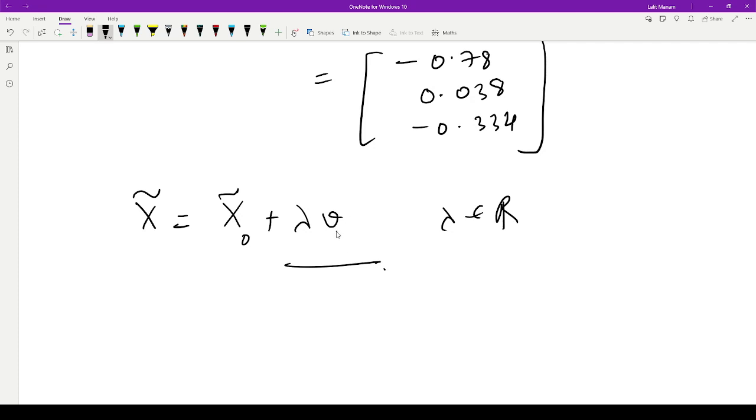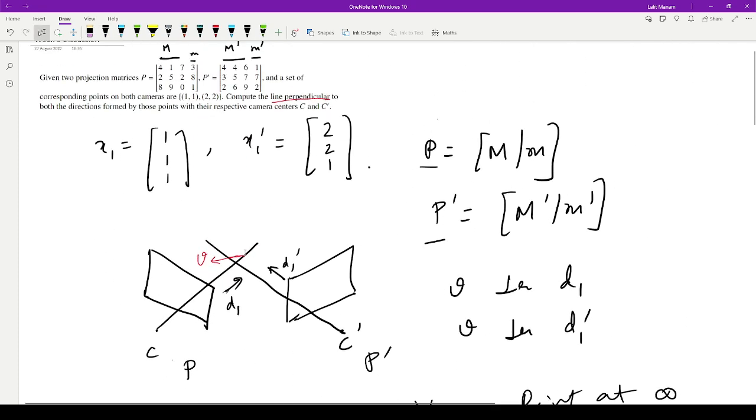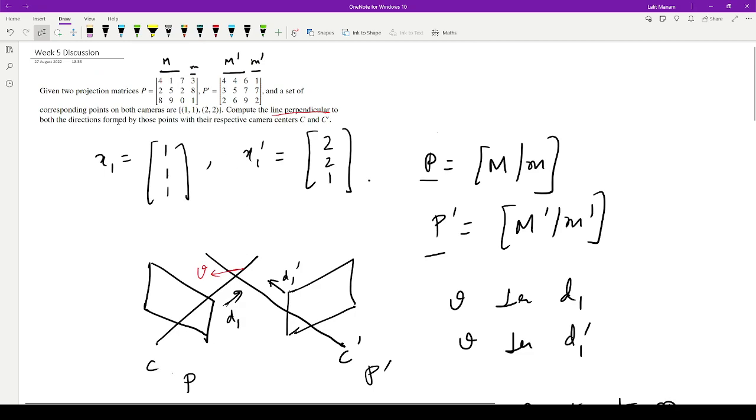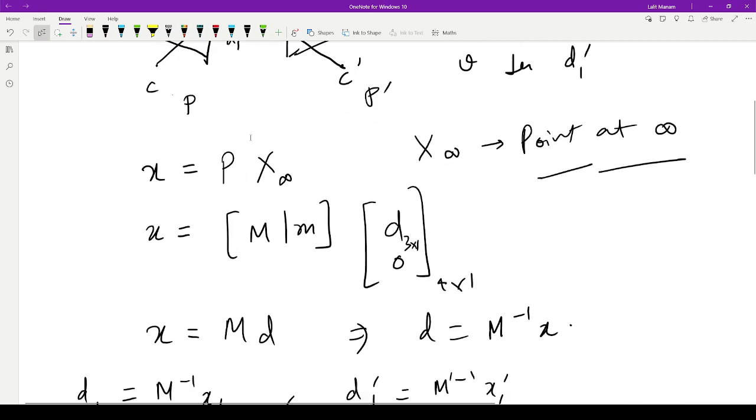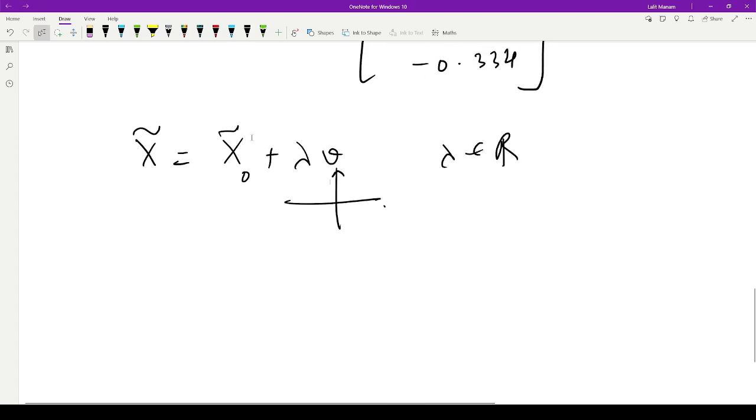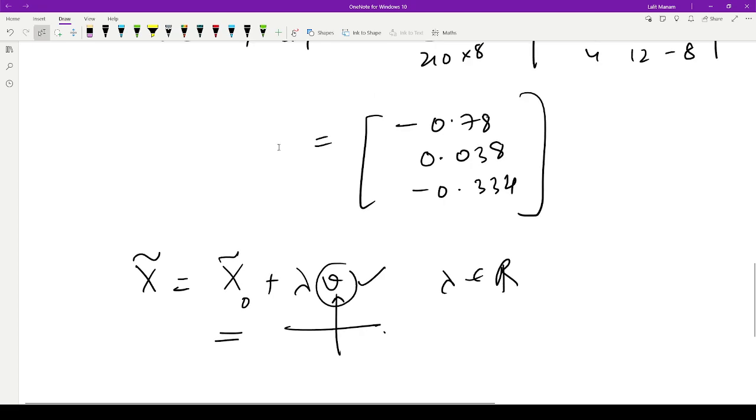So now we have just found a line that is perpendicular to both the directions. And if someone wants a specific starting point or a point through which it should cross, we can just specify x naught tilde in that way. So is the first question clear?